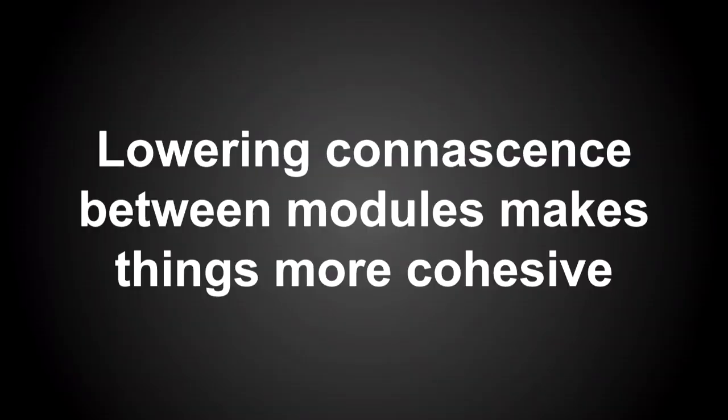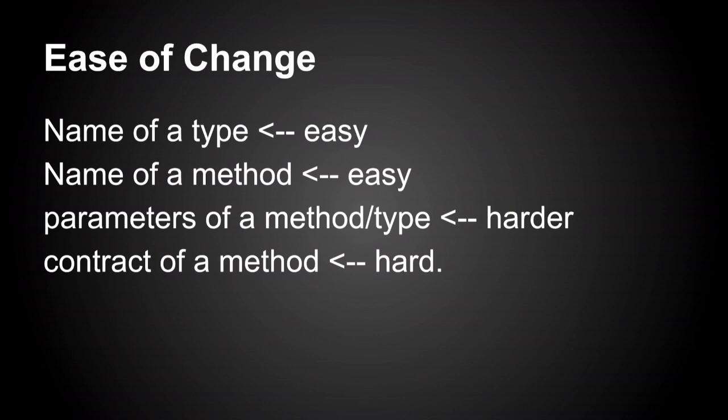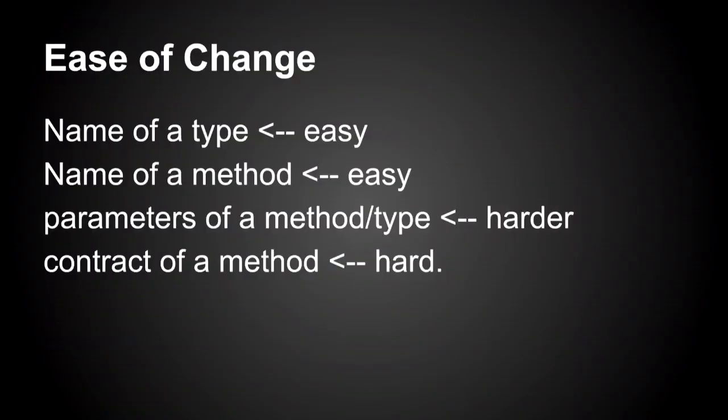Ultimately, they maybe just know about the name, or the name and the order of the arguments, or whatever. That's because it's easier to change the weaker connascences, and it gets harder and harder as you move down. So if you keep them close together, then the change isn't spread across your whole system, but localized within a small area that you can keep in your head at once. You don't have to remember, oh, I changed these things here, but now I need to go and change these things over here as well.